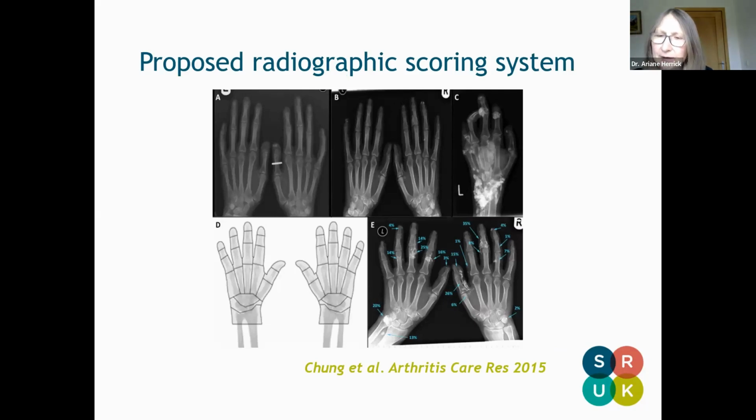It's a little bit complicated, and I won't go through it completely, but basically the hands were divided into 22 areas, and we looked at the area affected, the density of the calcinosis, and there was different weighting for different areas. We came up with a way of actually measuring calcinosis, which has been shown to be fairly reliable. So I think this will be a way forward for clinical trials looking at calcinosis of the hand. So I think progress is being made a little bit there. And the next slide.